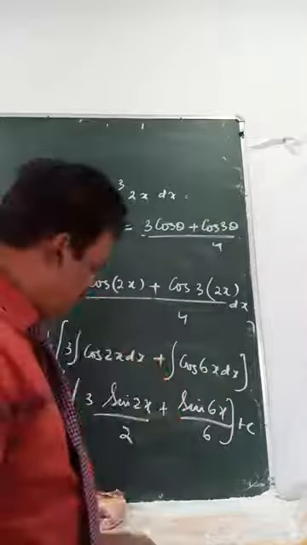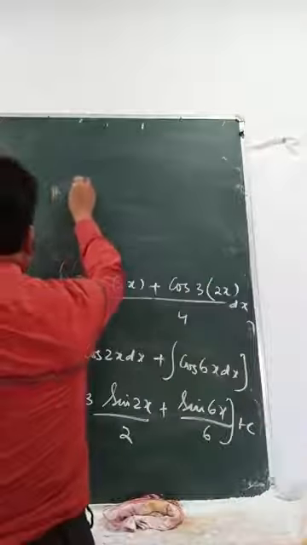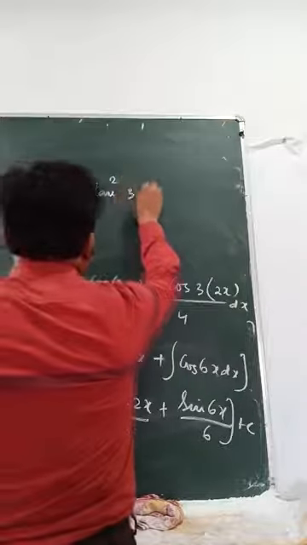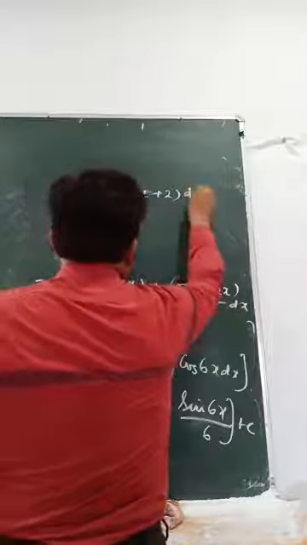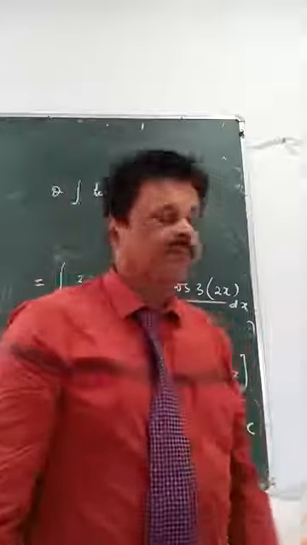But if you get a question like this, tan square 3x plus 2, so what to do?